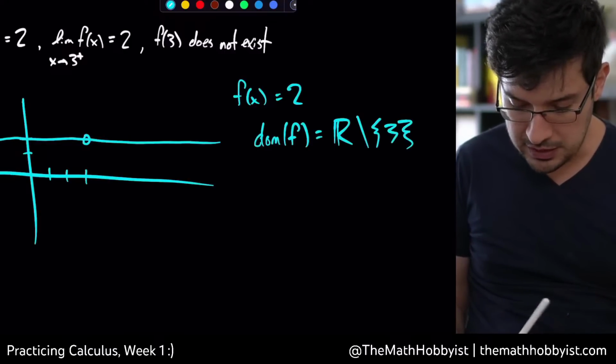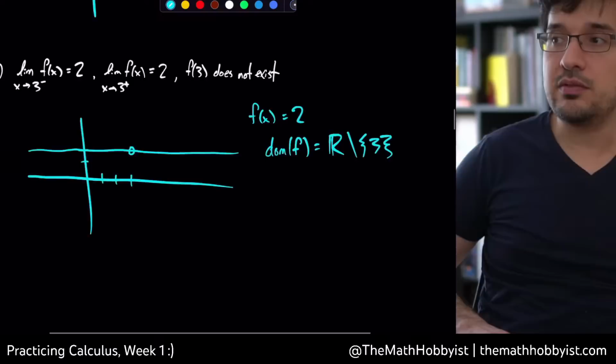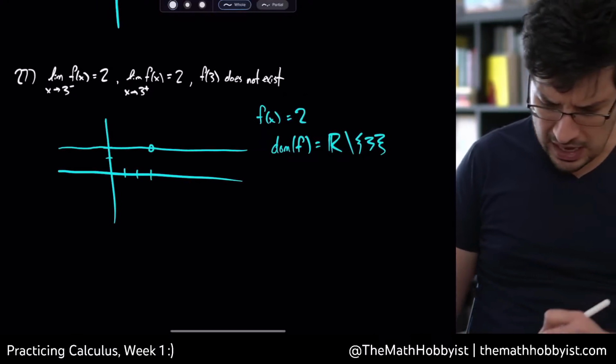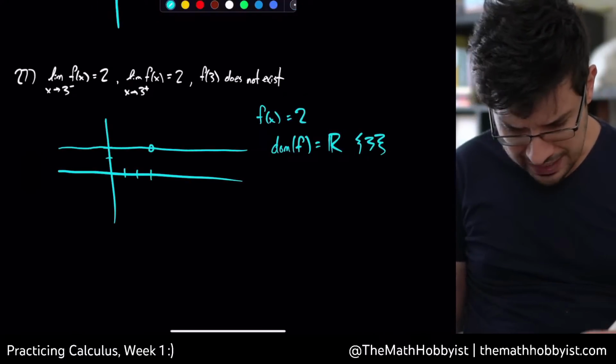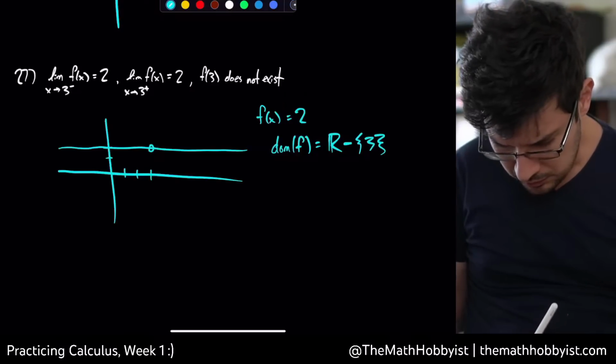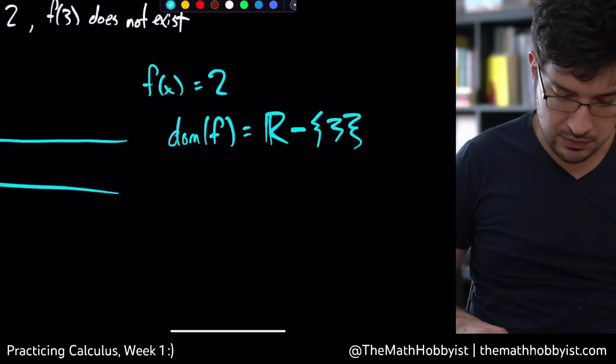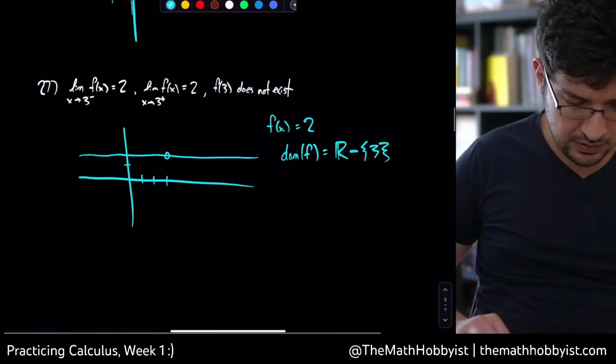Here's another notation besides the ones that we had before. I think the backward slash is one way, or minus. The set minus the point 3. So that's another way to write it.